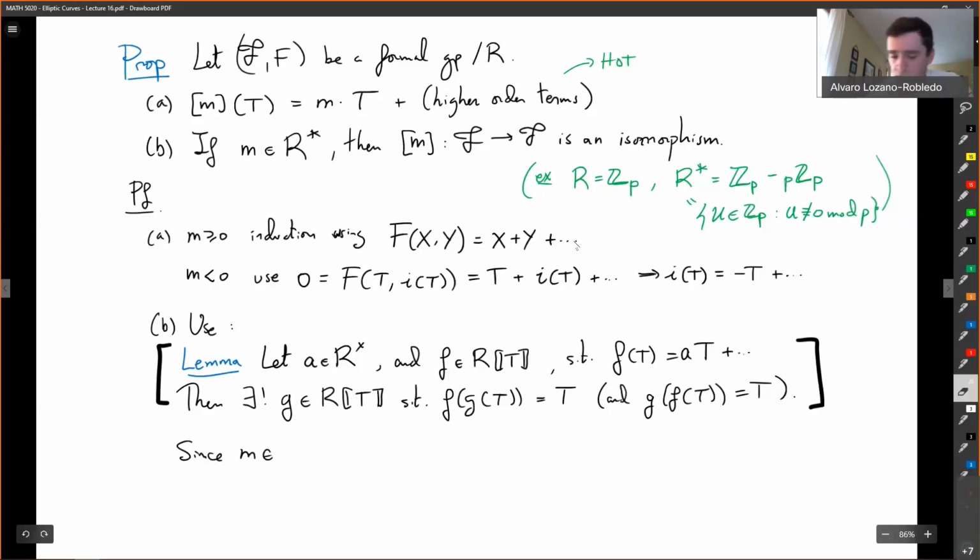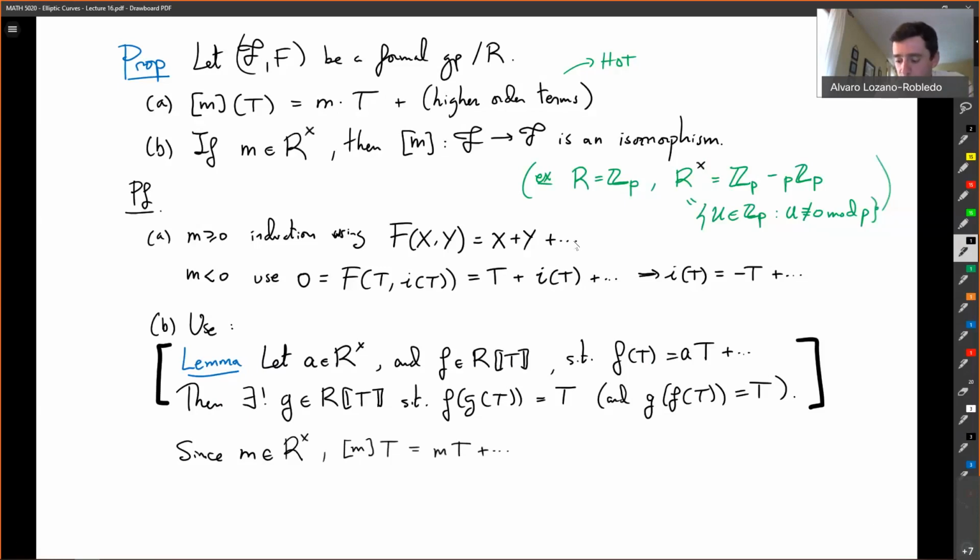I should actually not use star here, but cross for unit. No, it's not just non-zero. I really want units. So if m is a unit, then we are in business, and m(t), we know from the first part, is mt plus higher order, then there is a unique map g that will do this.